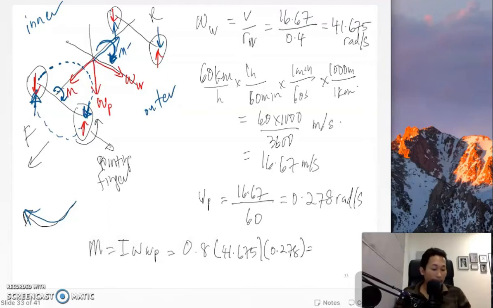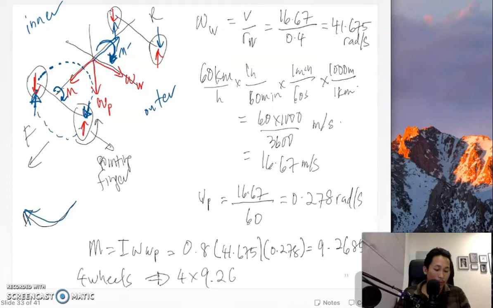Then we get 9.2685 Newton meter. Then we have 4 wheels, so the total gyroscopic couple for the 4 wheels equals 4 times 9.2685, which equals 37.07.